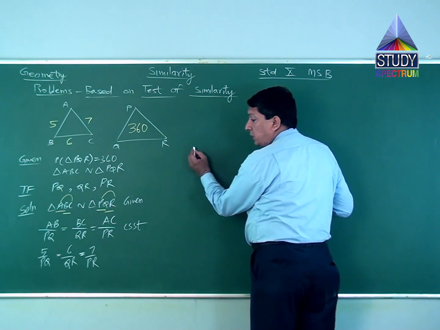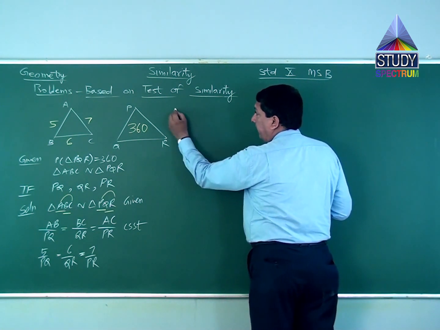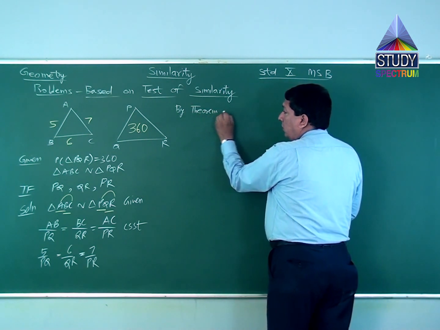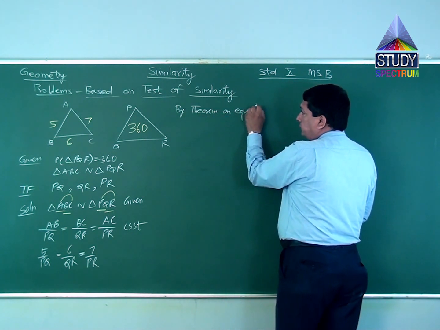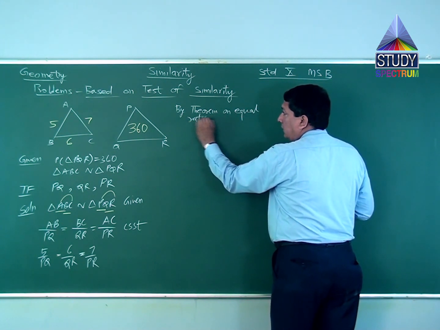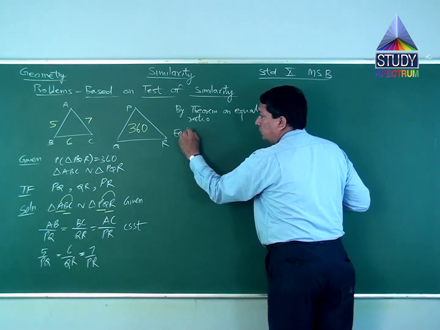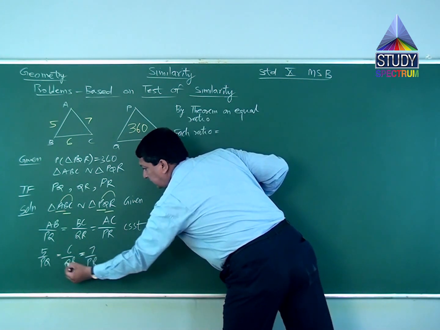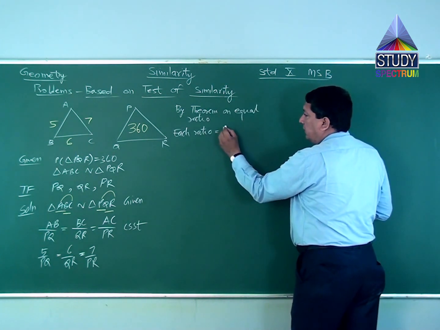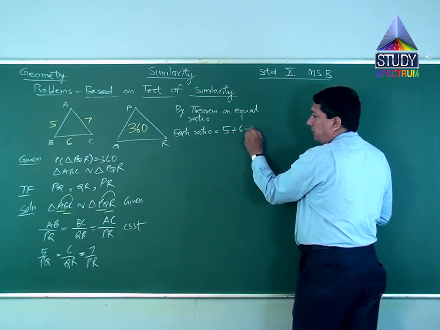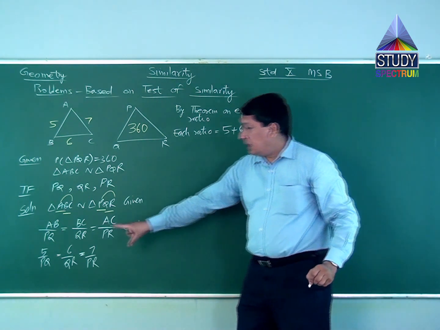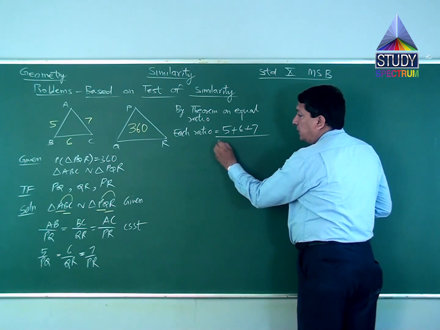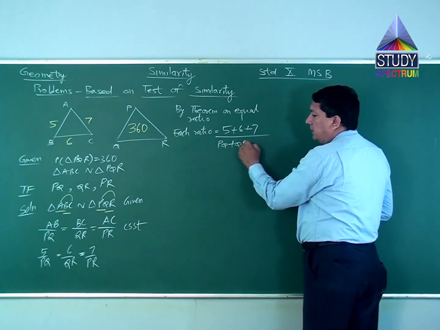So if you apply the theorem on equal ratio, I can write each ratio. I can add all three: 5 plus 6 plus 7 upon PQ plus QR plus PR.